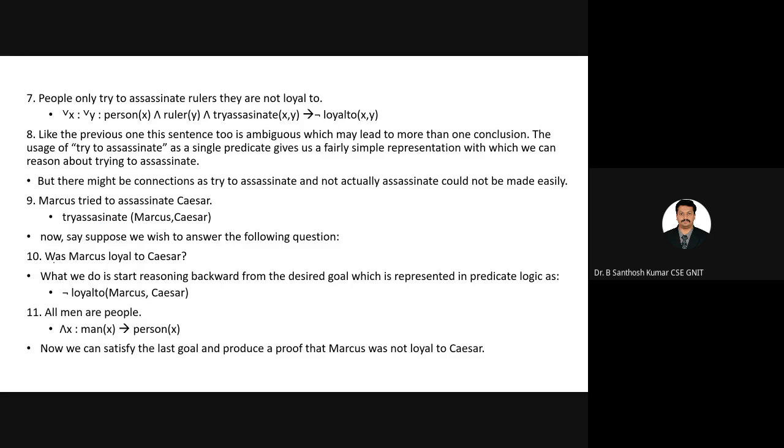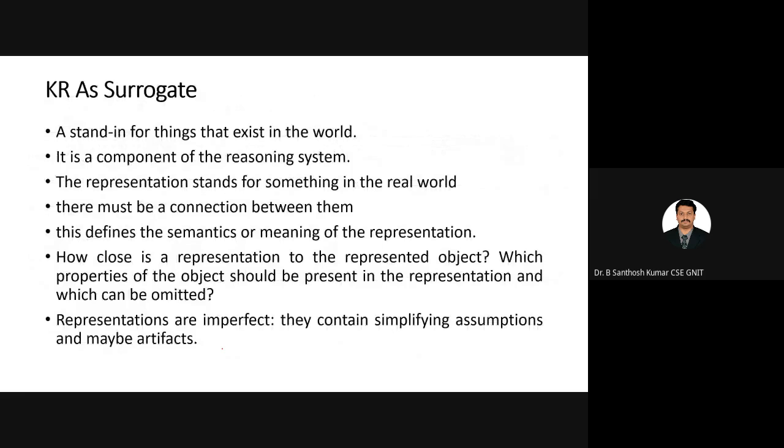Then the tenth statement, was Marcus loyal to Caesar, it means not loyal to Marcus comma Caesar. It means that Marcus was not loyal to Caesar. Then the final one, all men are people, we write as man of X implies person of X. This is the way we write propositional logic statements into knowledge representation.